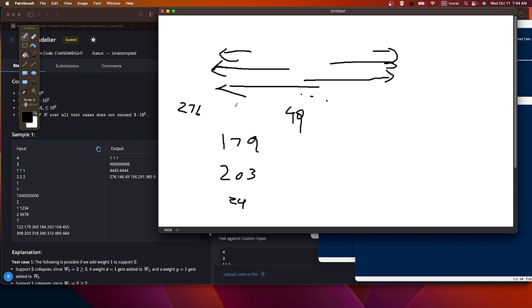So it's either 24 or 276 plus 49. Wait, it's not 276 plus 49. It's 276 plus 49 minus our initial 179, because we can transfer all of that weight over as well. That would give 146. That's how we get the middle value.